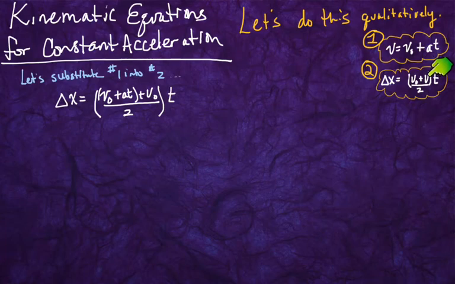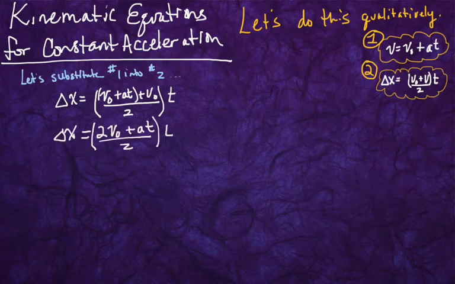And so we're getting v naught plus at, because that's the equation 2, plus v naught. So this remaining v naught right here. And we finish the equation. So we plug 1 into 2. You guys see that substitution there? And that equals 2 v naught plus at over 2 times t.